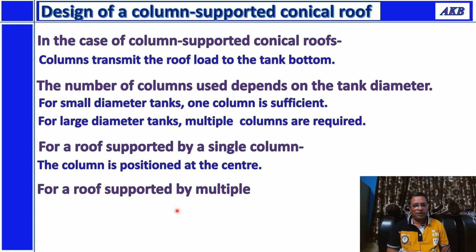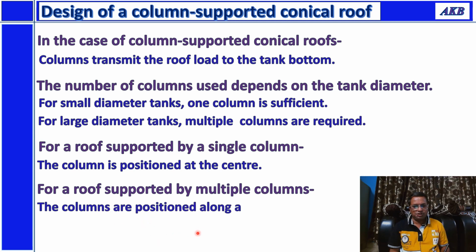For a roof supported by multiple columns, the columns are positioned along a ring of girders. So there will be a ring of girders. I'll show you the schematic, you'll understand over there.